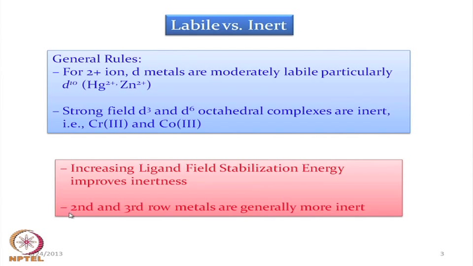For ruthenium and osmium, or palladium and platinum, we can measure the rate of the reaction very easily, because most of the compounds available are inert in nature.